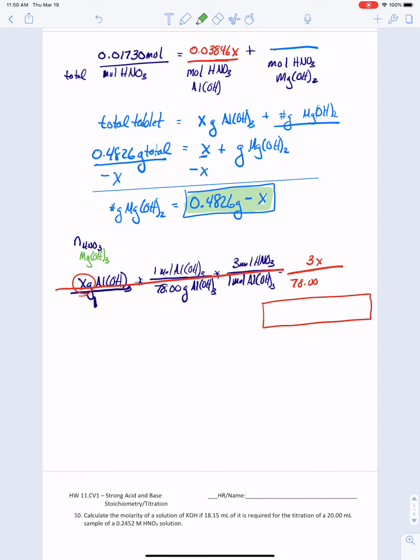Instead of having X grams of this, we would put in the expression 0.4826 minus X grams of magnesium hydroxide. And then from here, you could actually find out how many moles of magnesium hydroxide there would be. We'd have a different mathematical expression.